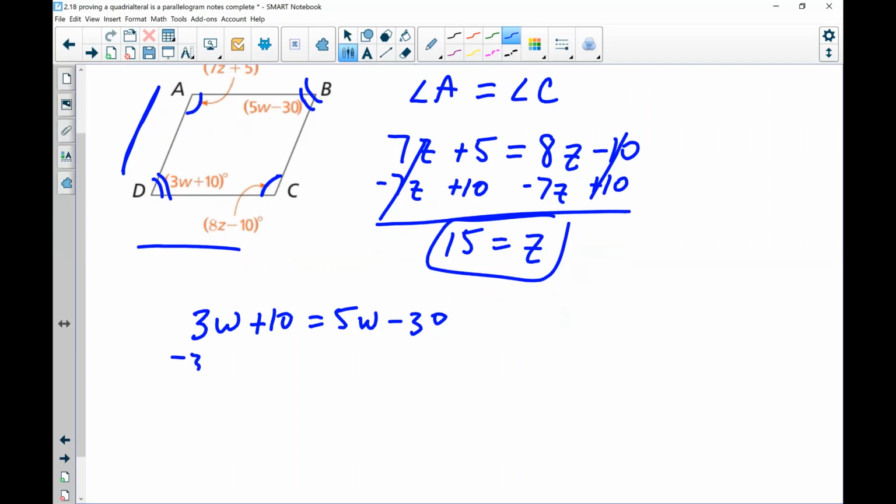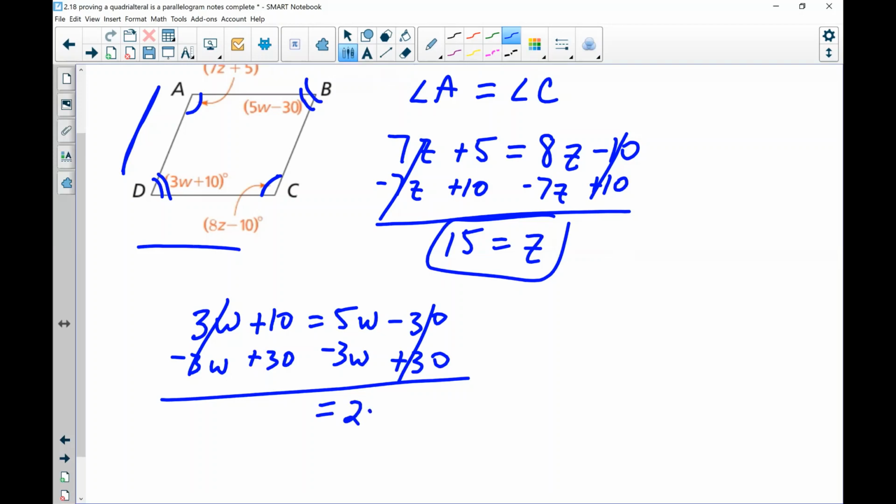We're going to take the 3W over, and then I'm going to move this 30 to the other side. Okay, and so 5W take away 3W, we get 2W. And then 10 and 30, that's 40. So if you divide by 2, you get that W is 20.